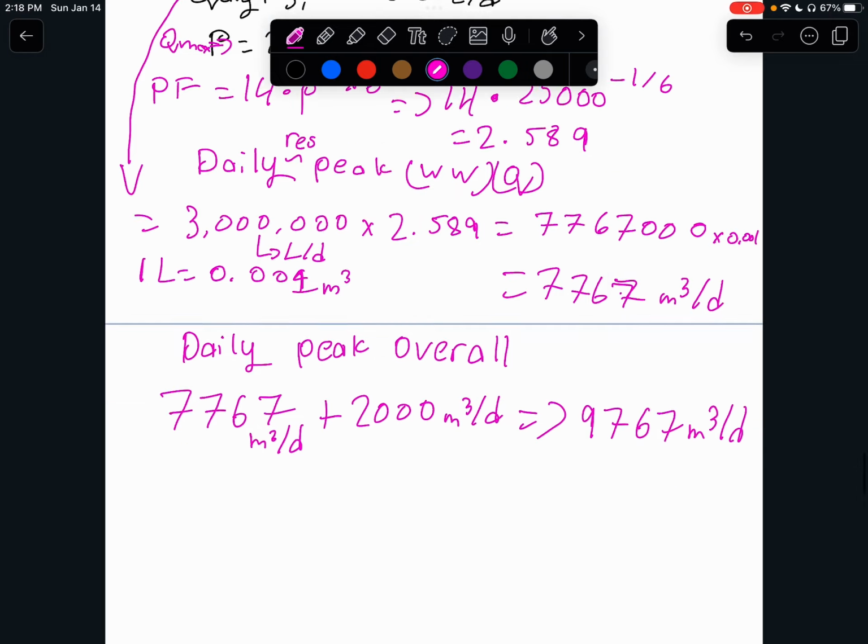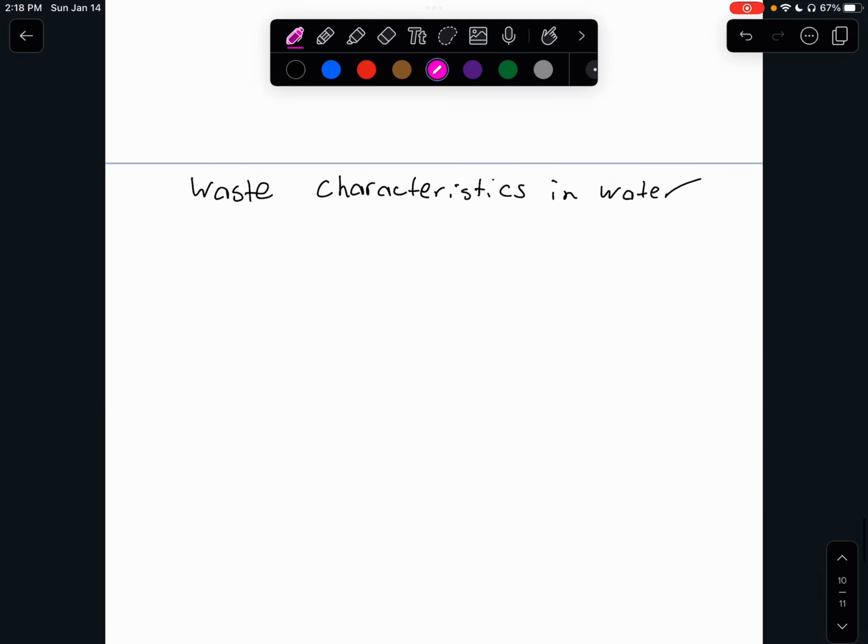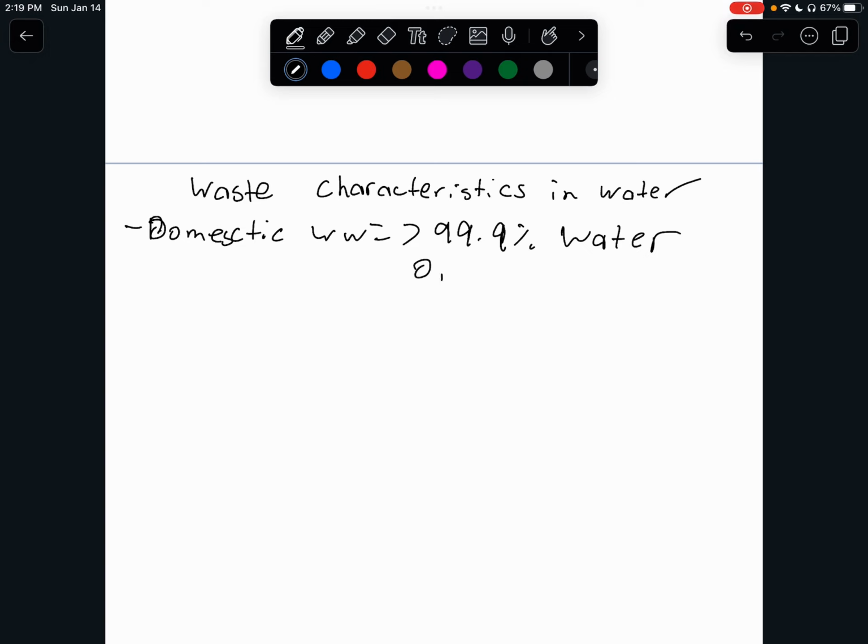Awesome. So as we scroll down, we're going to work on characteristics of this wastewater, right? So we mentioned above that domestic wastewater consists of 99.9% water and 0.1% solid.